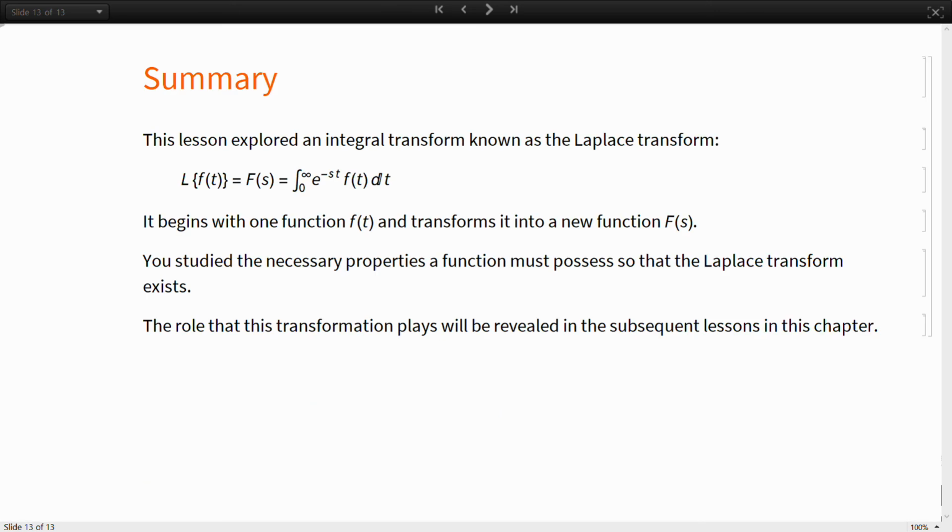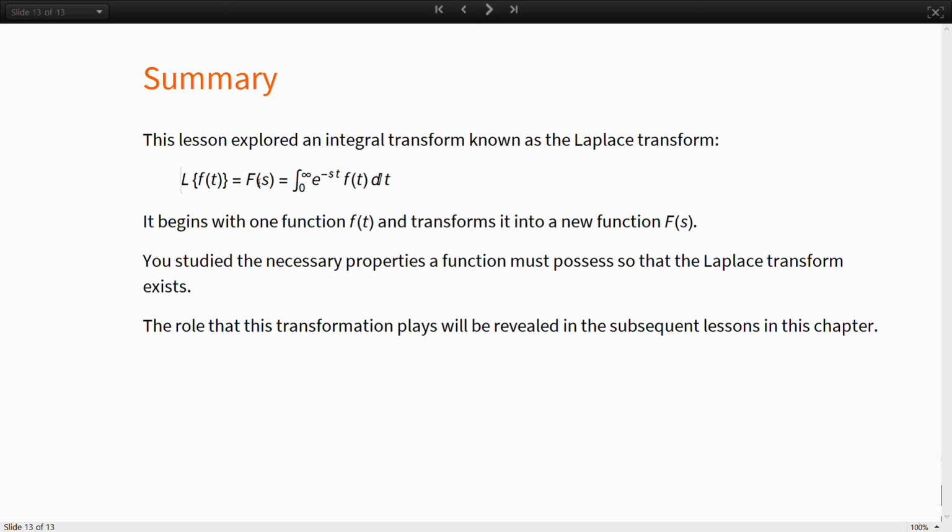In this lesson, we have introduced the concept of an integral transform and discussed a specific integral transform known as the Laplace transform. The Laplace transform of a function f of t is the improper integral from 0 to infinity of f of t times e to the minus s times t, and is sometimes written as L curly bracket f of t or as big F of s.